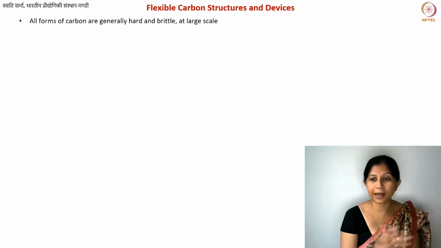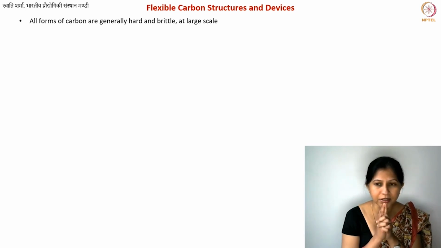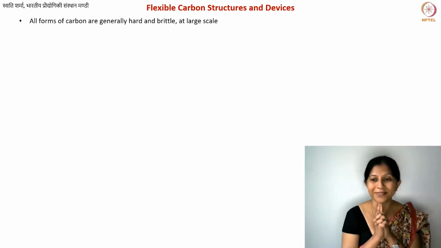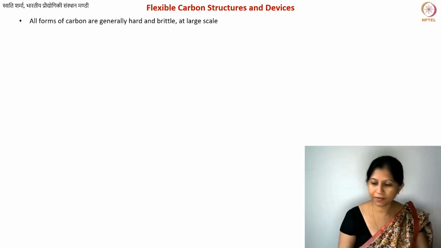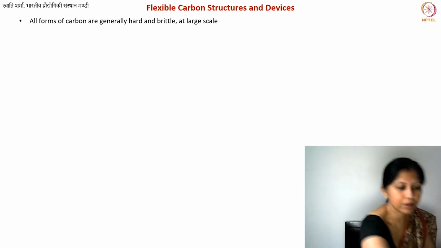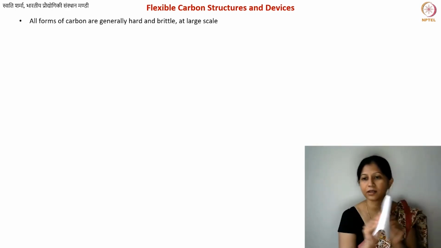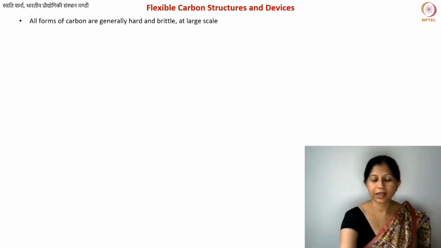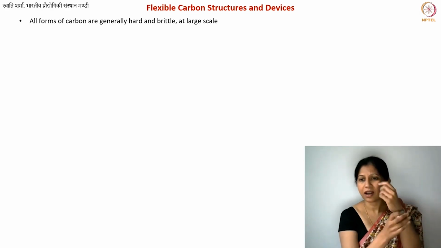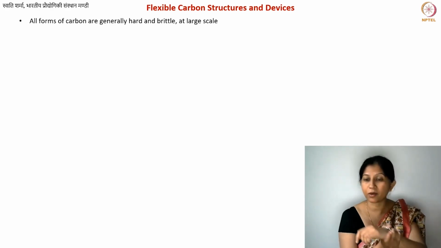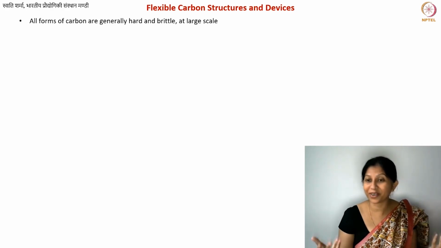Okay, so finally, let's talk about some flexible carbon devices. This is actually not as complicated as you think. What is flexible? Anything, you know, this is flexible, right? This is flexible. So anything that is flexible and also wearable. Nowadays I see everybody wearing a watch which tells them how much they walk.